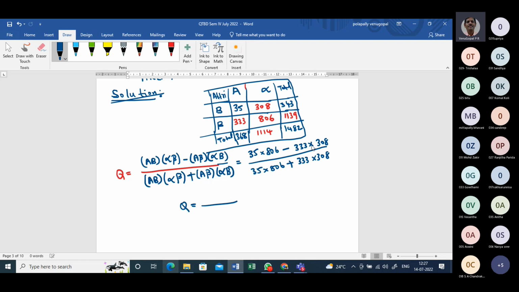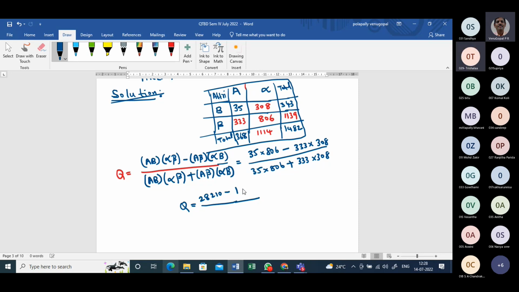So Q is equal to, can you tell me how much is 35 into 806? 28,210. Minus, how much is 333 into 308? 1,02,564.